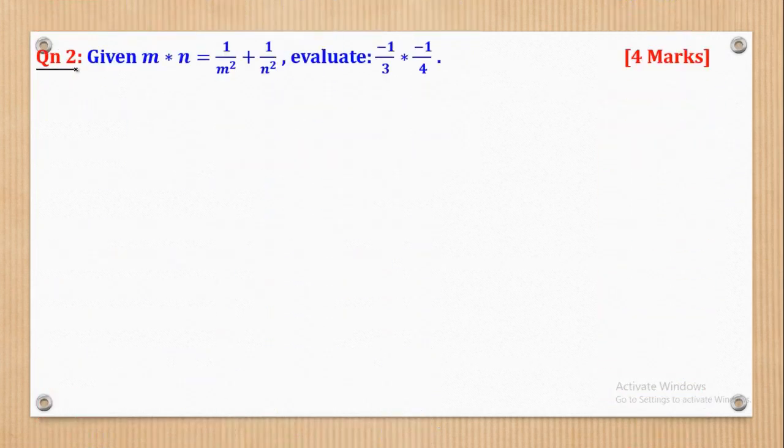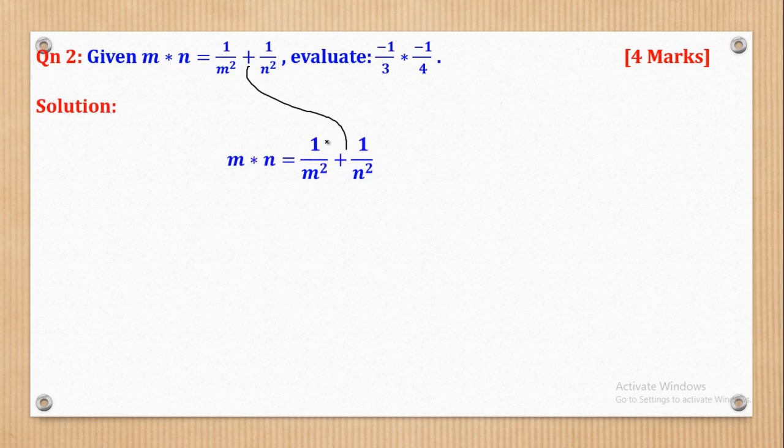So now we shall go to question 2. Question 2 says that given that m star n is equal to 1 over m squared plus 1 over n squared, evaluate negative 1 over 3 star negative 1 over 4. So do we know this expression?